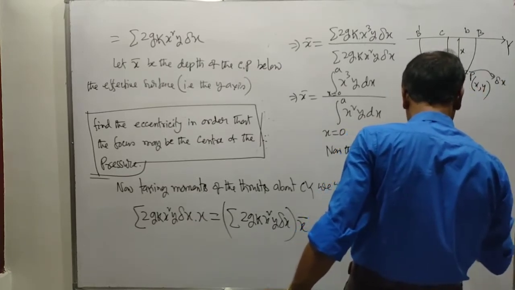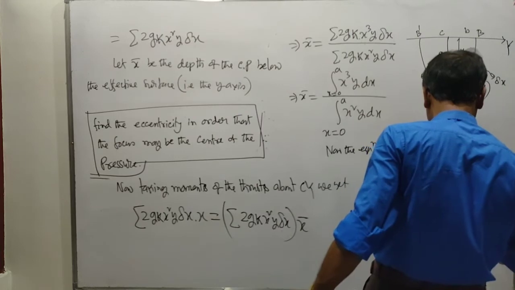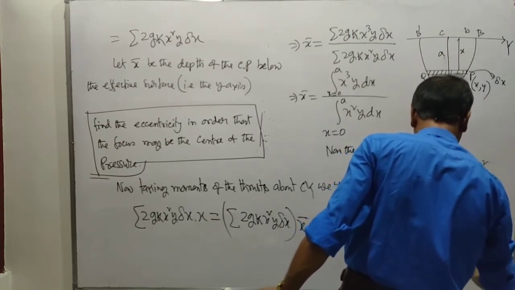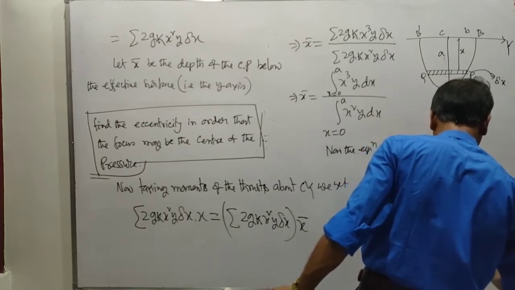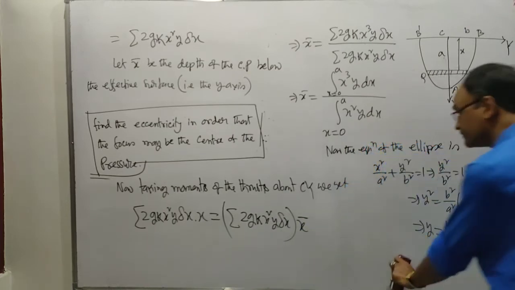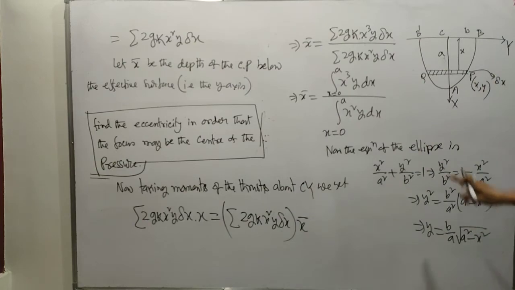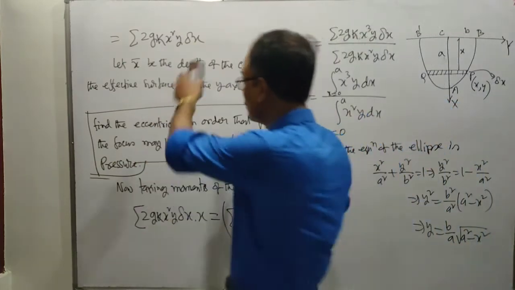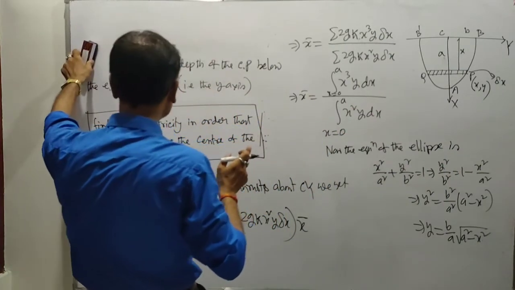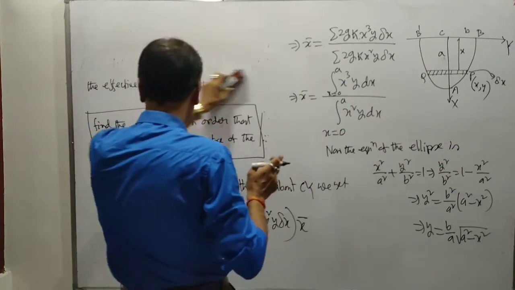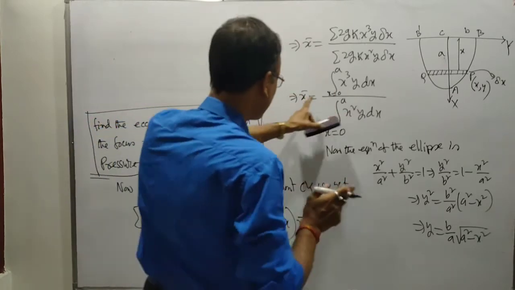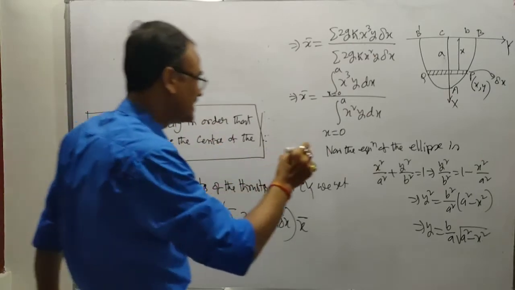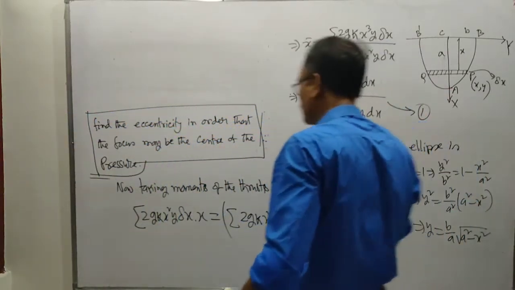This means y square is equal to b square by a square into a square minus x square, so y equal to b by a root over a square minus x square. Just substitute the value of y here. You may write it as number 1.